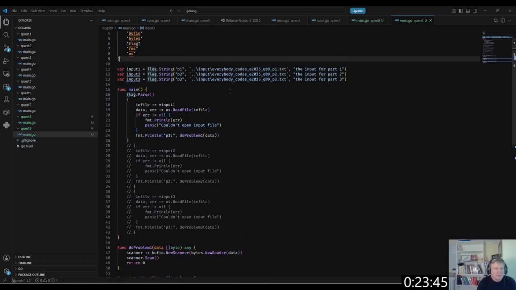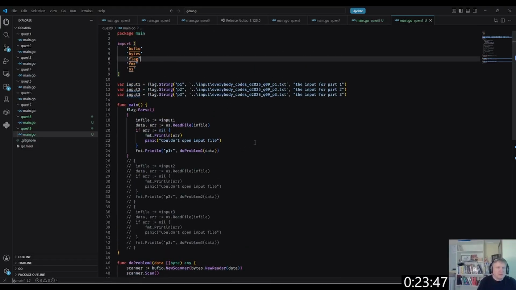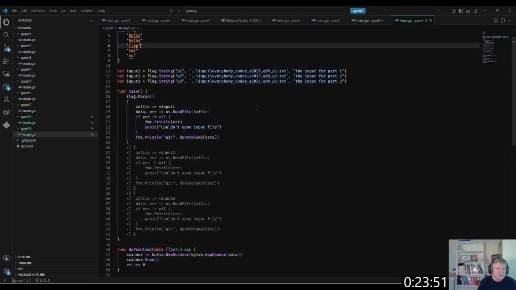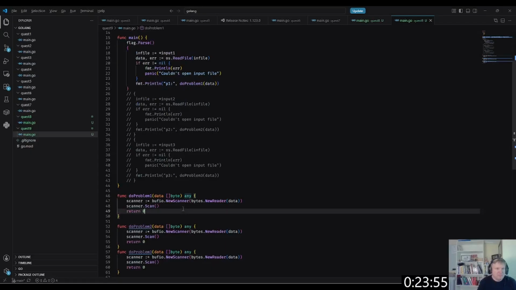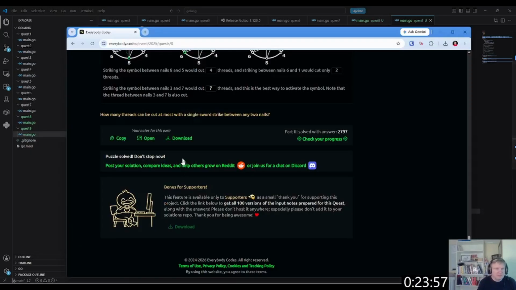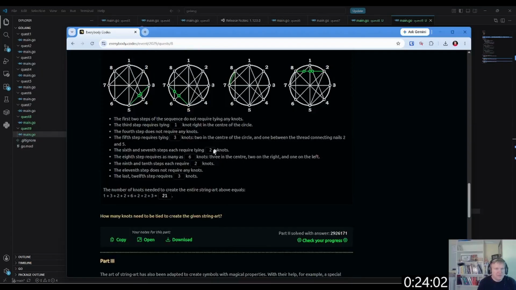Okay, quest 9, ready to go. Yep, okay, let us begin quest 9.